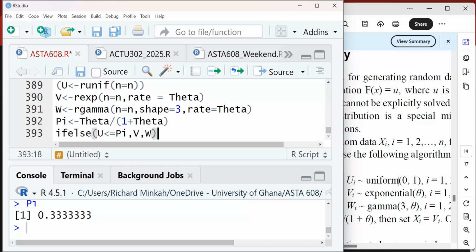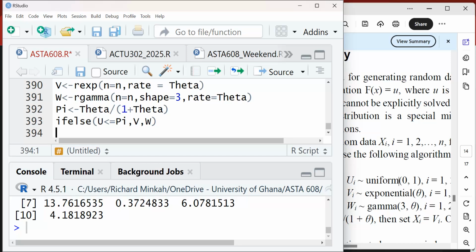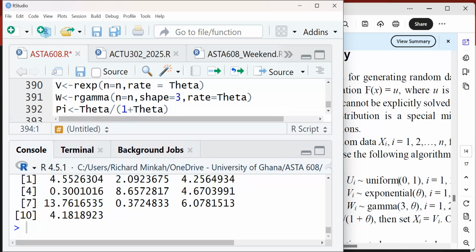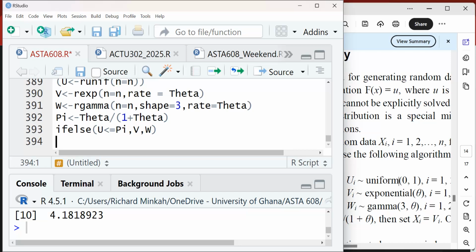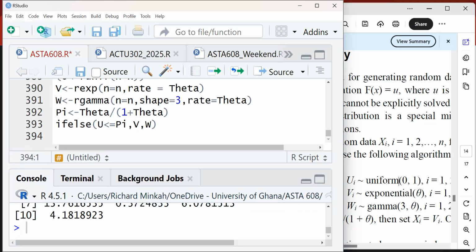Okay, so let's see if this will work. It did. So which is quite easy. It did work. But what we are going to do is to check whether it actually works. So we are going to put U, X into, let's say, a data frame, then we check.